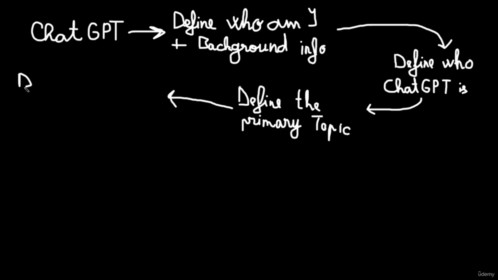After you define the topic, you should go ahead and define the circumstances. Circumstances are basically the context. When you define the circumstances, you should add everything or most of the things we have talked about in the module where we did learn what are the basic things and basic concepts of prompt engineering.